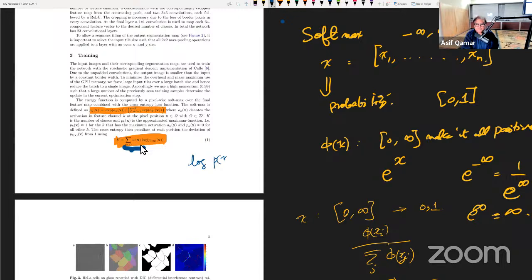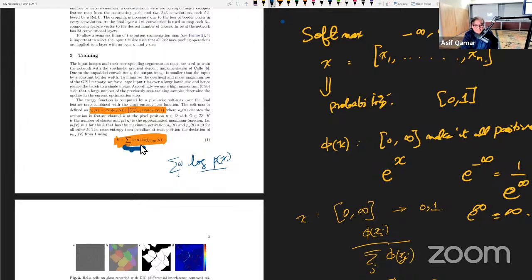Log P. Remember what log P is? Negative log likelihood. We talked about this. This is your loss, right? Minimizing it. But for any given item, you would do this, typical negative log likelihood.